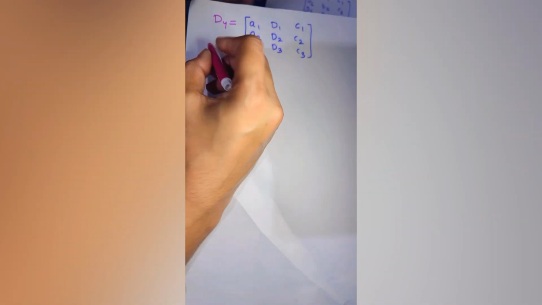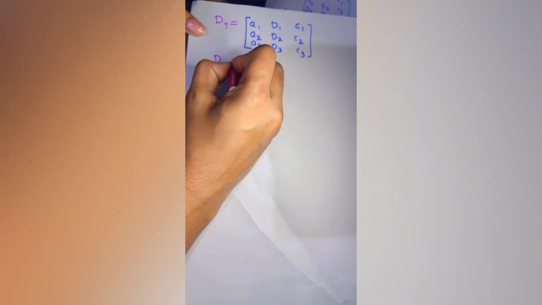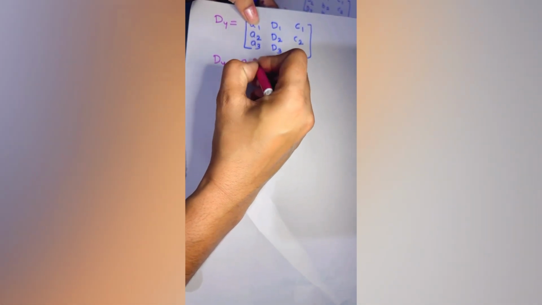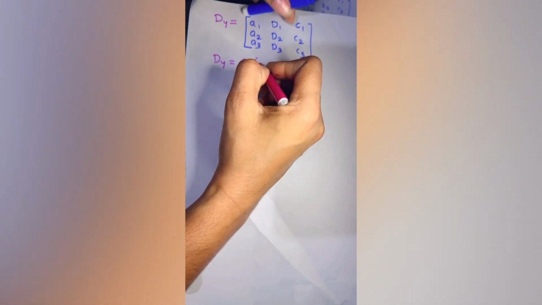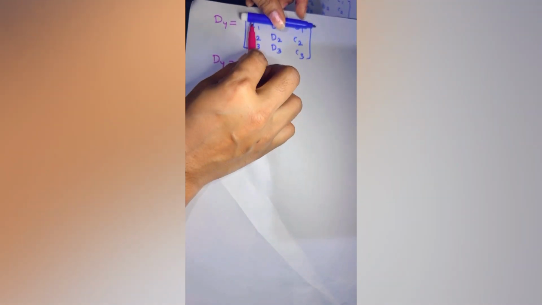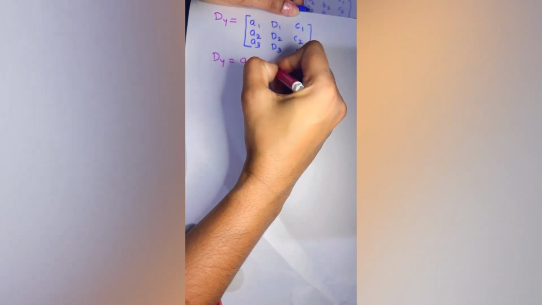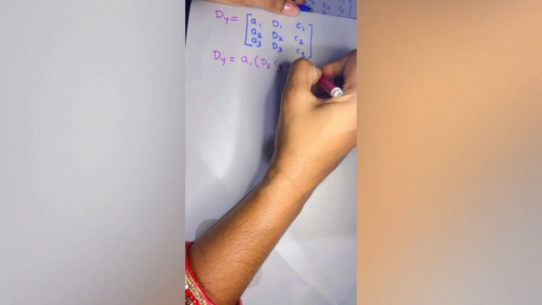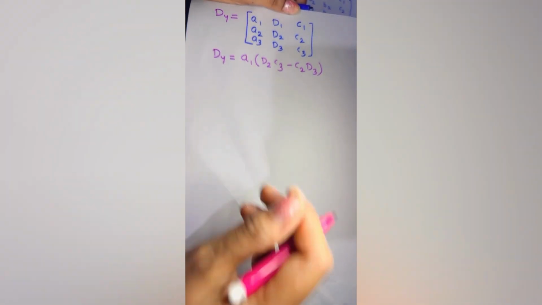Now this is your matrix. Now write down the determinant of y. First is a1. Close this a1. So what do you get? d2 c3 minus c2 d3. This is your first term.